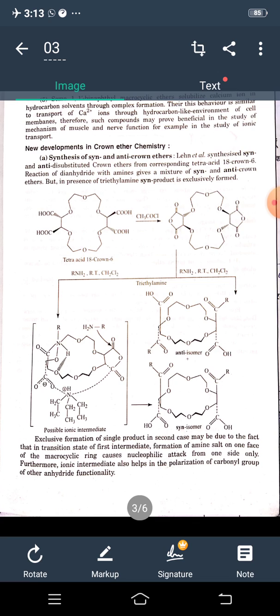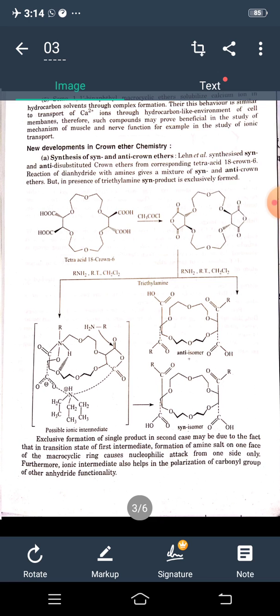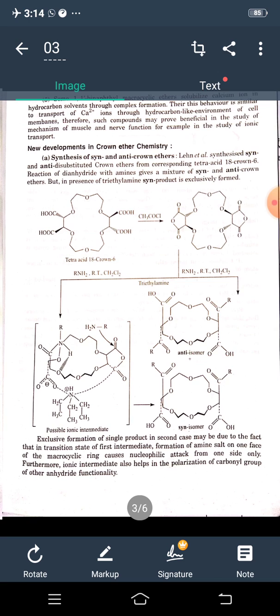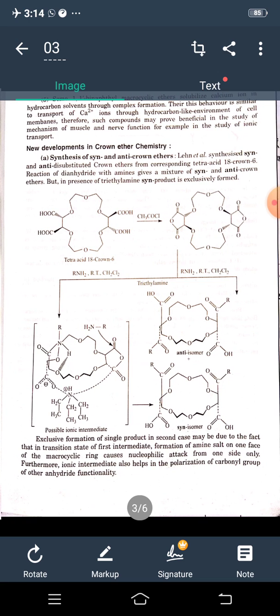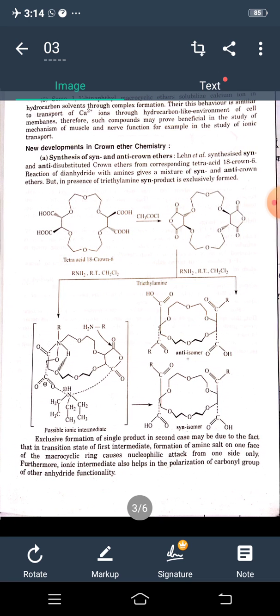So tetraacid 18-crown-6 reacts with acetyl chloride and gives this compound, and this product reacts with primary amines in dichloromethane at room temperature in the presence of triethylamine. So anti isomers and syn isomers are possible, as shown in the reaction.